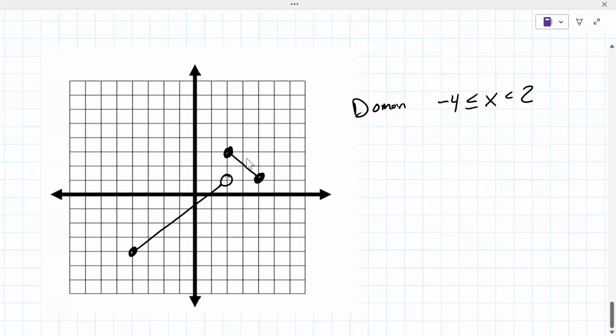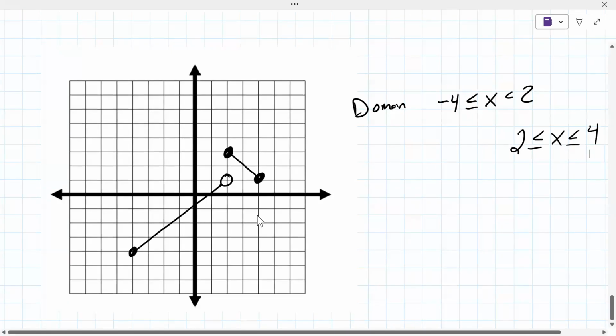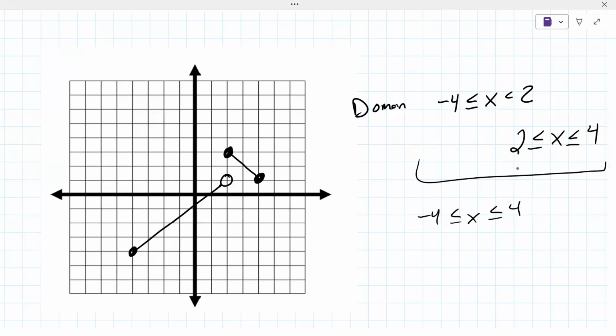Yeah. For the second piece, the domain is 2 less than or equal to x less than or equal to 4. Is it clear how I came up with that piece? Yes. So there's really no break at 2. Even though the graph jumps, as far as the x values go, do you see that it's overlapping here? Yeah. Okay, so the real domain is -4 less than or equal to x less than or equal to 4. There's no break.